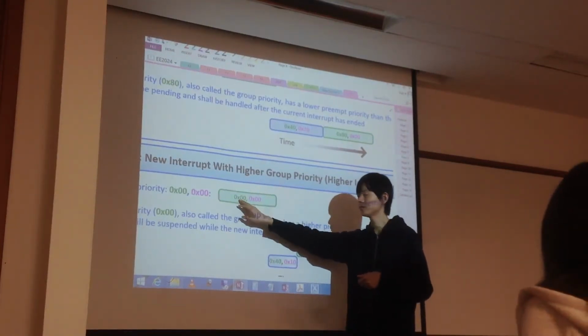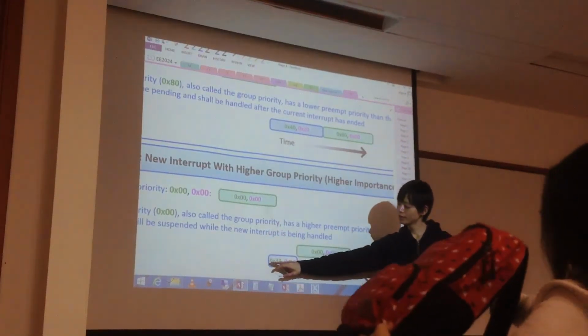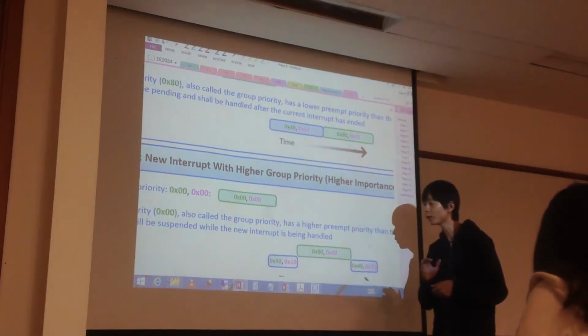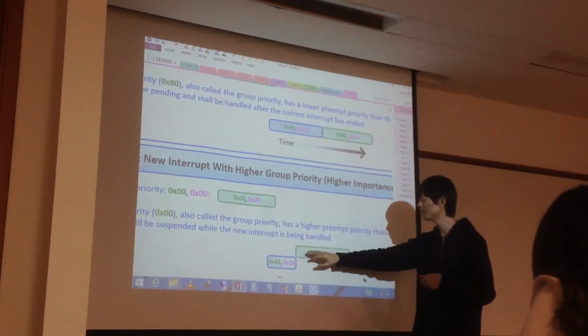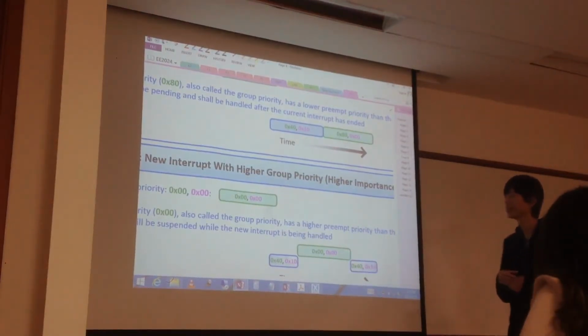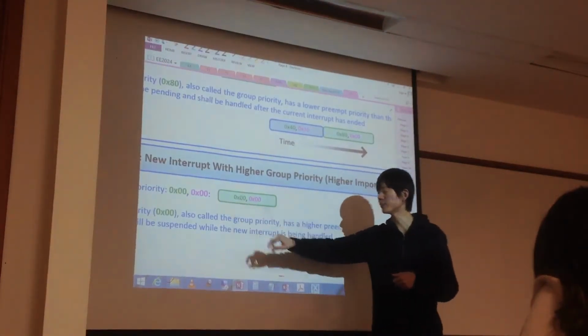So this one must be processed first. So the current task is suspended, it's on hold. We perform the new interrupt. After it is done, we go back to the old task and continue. So this is what happens when the interrupt with a higher preamp priority comes in.